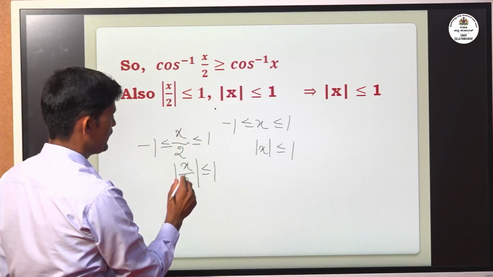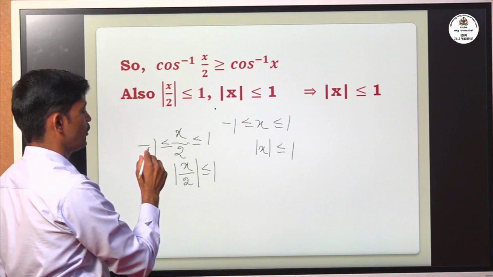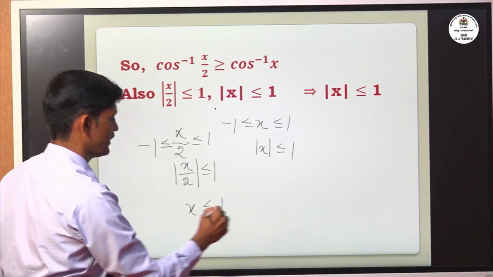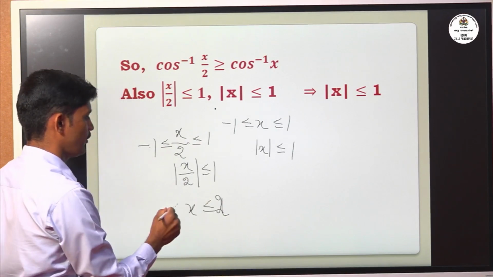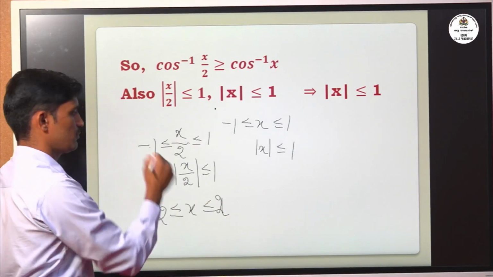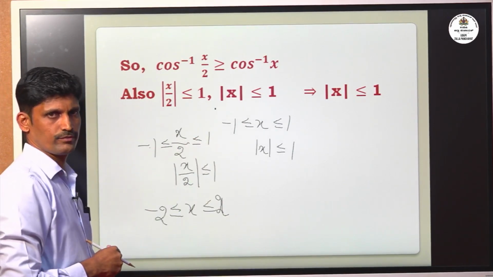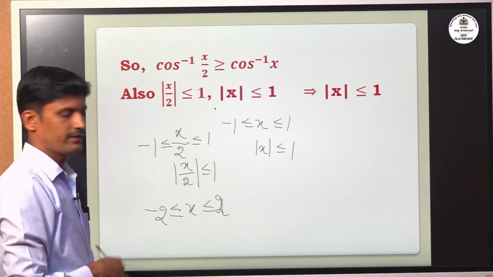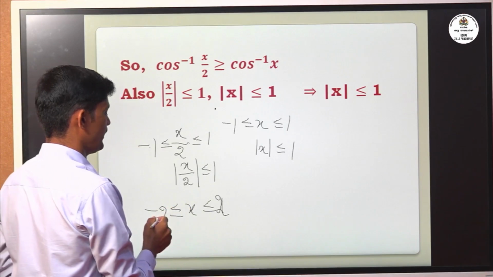Now, here x by 2 is greater than or equal to minus 1 and less than or equal to 1, so x is less than or equal to 2 and greater than or equal to minus 2, on multiplying this inequality by 2. If you multiply by a positive quantity, the inequality remains unaltered. So the value of x lies between minus 2 and plus 2.